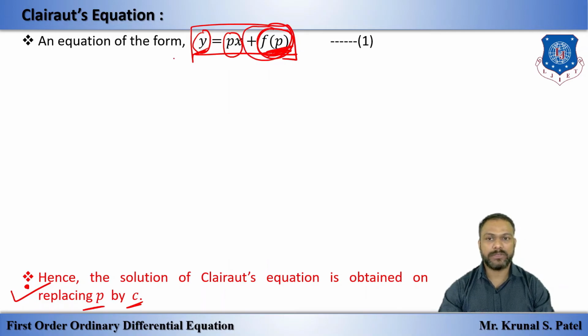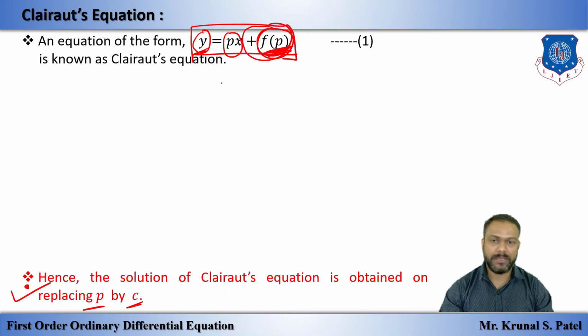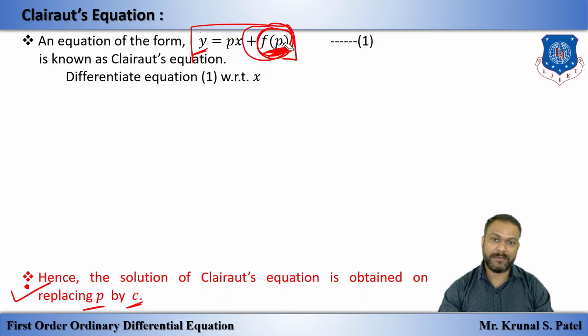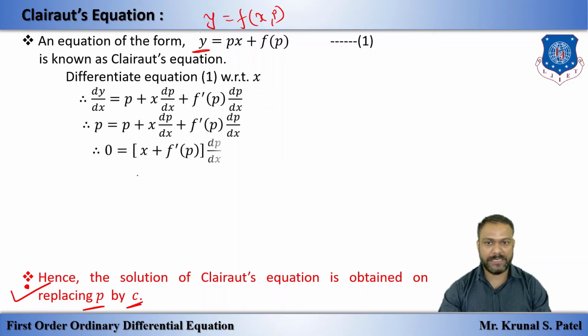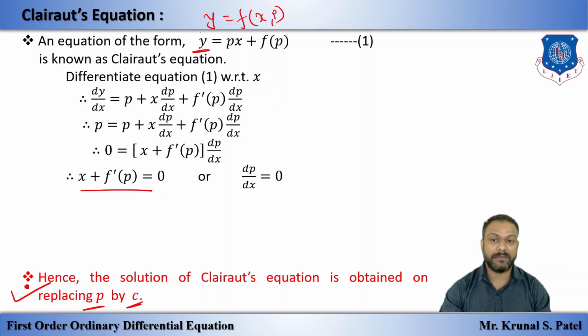So this equation is called the Clairaut equation, and we can see that y is a function of x and p, so it is solvable for y, so we will differentiate with respect to x. We have the same process, and after getting these two factors, as I told, we will not use this one because it gives us the singular solution, so we have dp by dx is equal to 0.